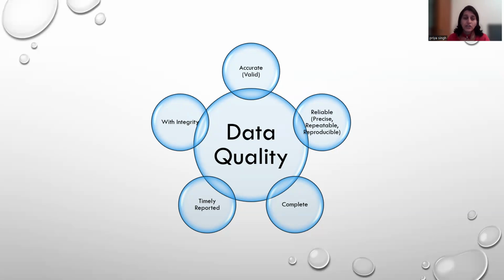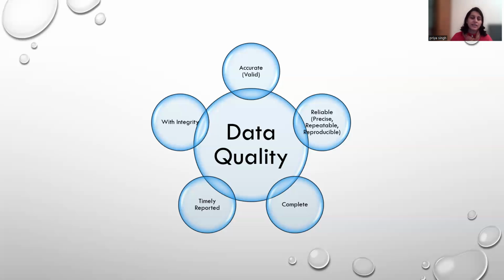That is, it should measure what it intends to measure. The next is the data should be reliable, also known as precise, repeatable, reproducible, or consistent. It means that if the process of data collection is repeated, the data does not change.